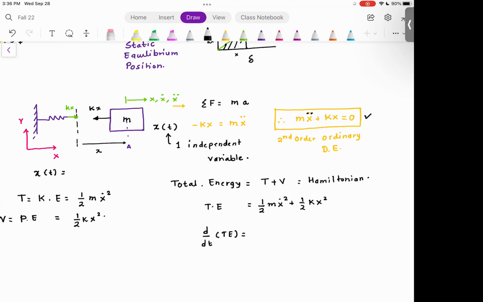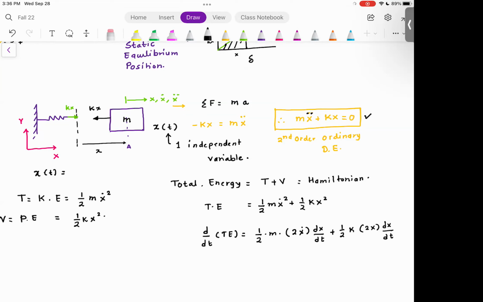And d by dt of total energy is, please understand, going to be 1/2. m is constant, m stays as is. Derivative of x dot squared. Remember, we have to use the chain rule because x is a function of time, and x dot is a function of x. So basically this will become 2 x dot times d x dot by dt, plus 1/2 k 2x, and let's not forget x is a function of time, so dx by dt.